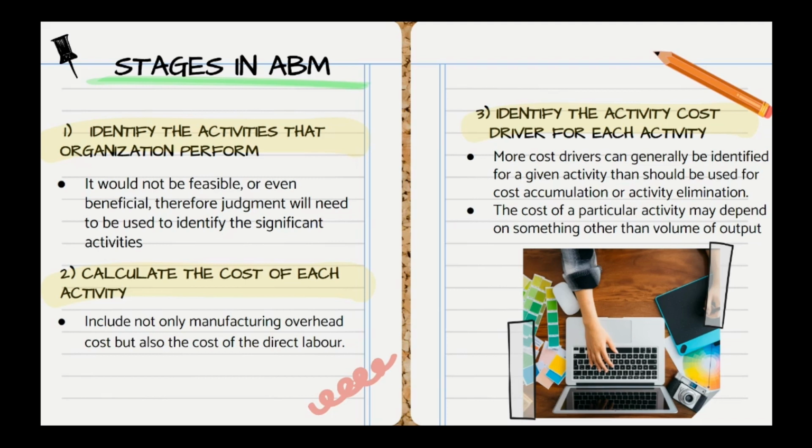Moreover, cost drivers can generally be identified for a given activity and used for cost accumulation or activity elimination. In the case of sales order processing, the cost driver may be the number of orders processed. In another example, material movement is the cost driver for the material handling activity.